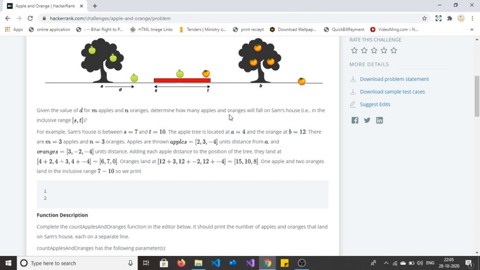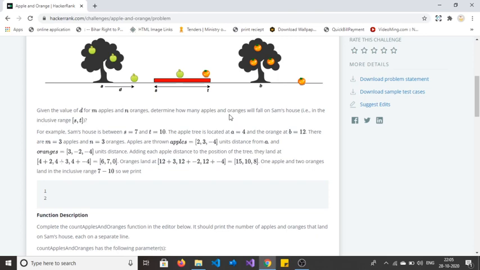Apples are thrown as in the given array: 2, 3, and minus 4 units of distance from A, and the oranges 3, minus 2, and minus 4 units of distance. Adding each apple's distance to the position of the tree, we see where they land.